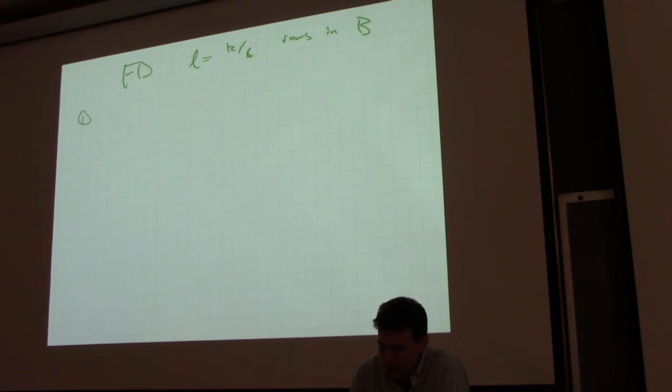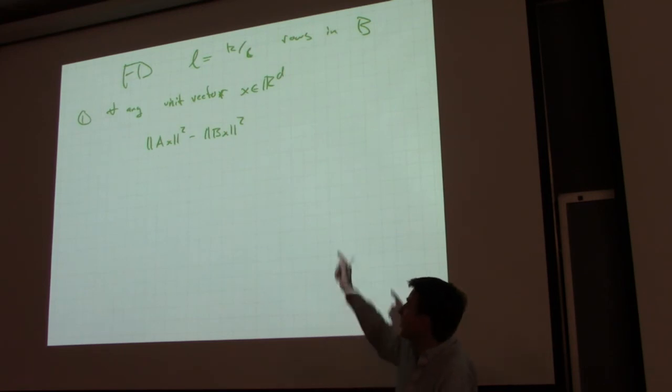So the first one is for any unit vector x in R^d, then I can compare the squared norm of Ax minus the squared norm of Bx.